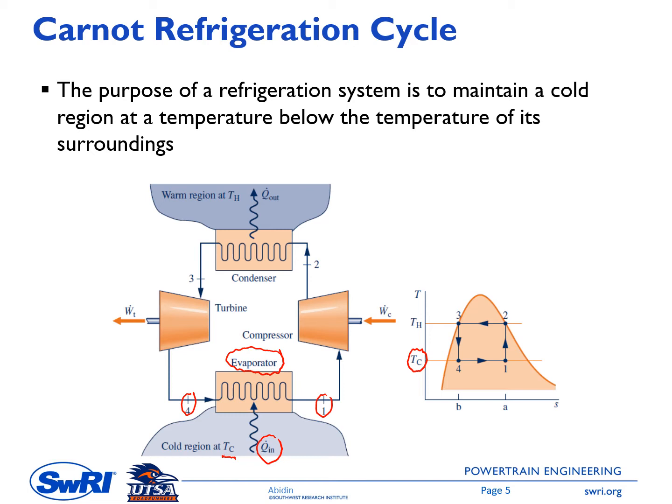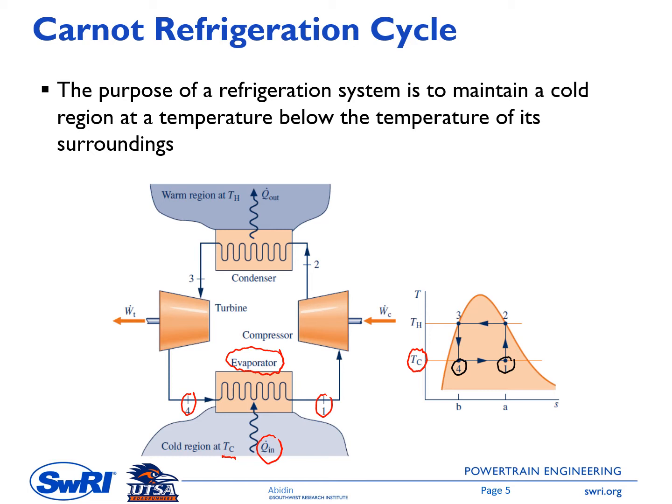So point number 4 has the same temperature as point number 1, and they equal Tc. Why? Because the heat transfer for this Carnot refrigeration cycle occurs reversibly, so we don't need to have delta T here.